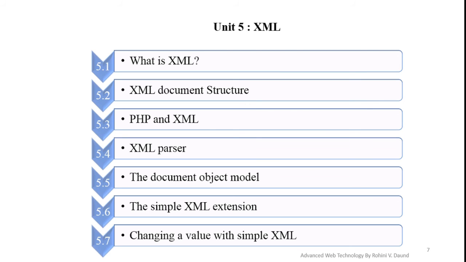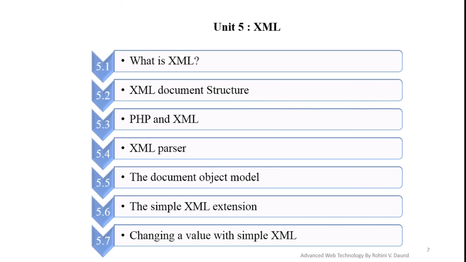XML parser is a piece of program that takes a physical representation of some data and converts it into an in-memory form for the program as a whole to use. Next point is the document object model.